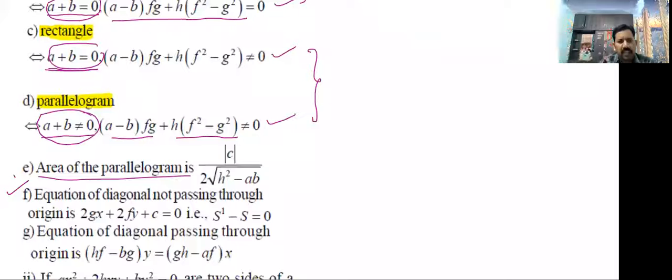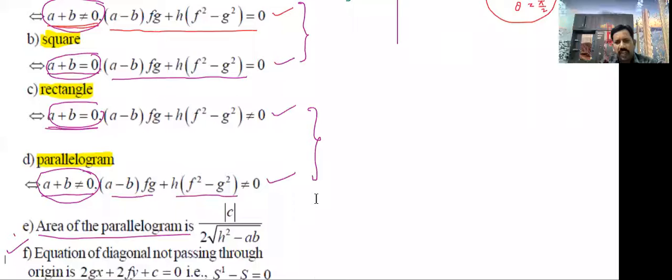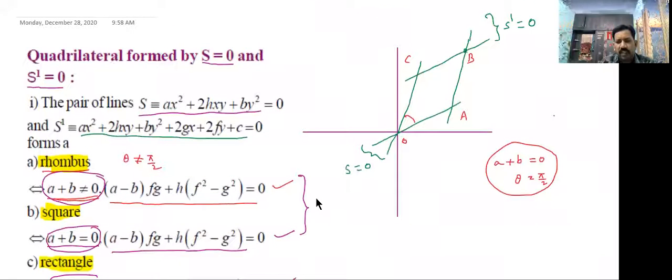Next, I am going to another point. Equation of the diagonal not passing through origin. So here we already know the diagram. Once see, this diagonal is passing through origin. The other diagonal is not passing through origin. How to find this diagonal? Use S dash minus S is equal to 0.